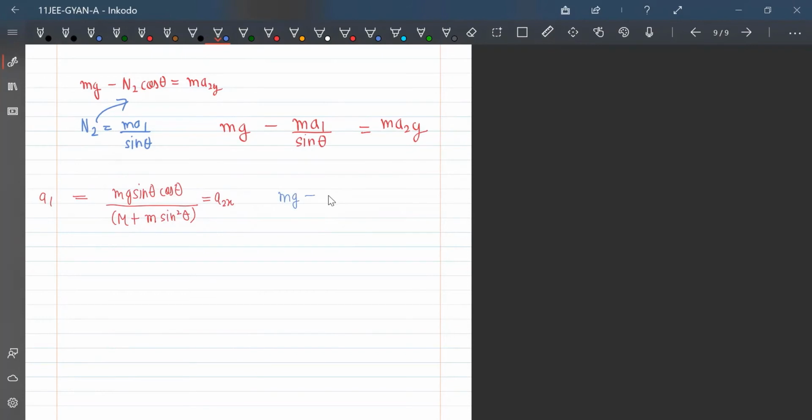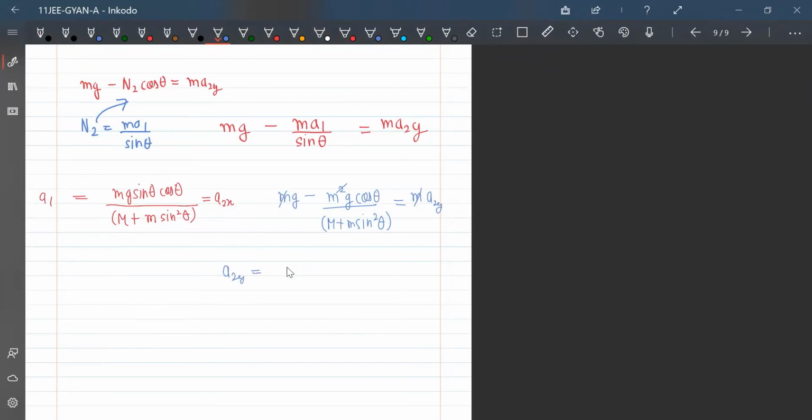Sin theta cancel out both sides. m cancel.